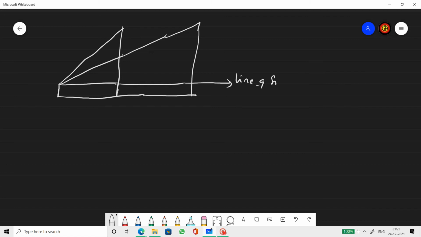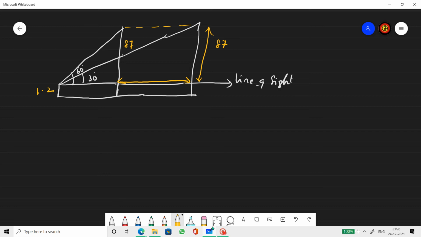So this is the line of sight. 60 degree, and then 30 degree here and then 60 degree outside. We need to find the distance traveled by the balloon, which means this distance. The girl is 1.2 meter tall. The total height is 88.2, so therefore this will be 87. If that is 87, even this height will also be 87.